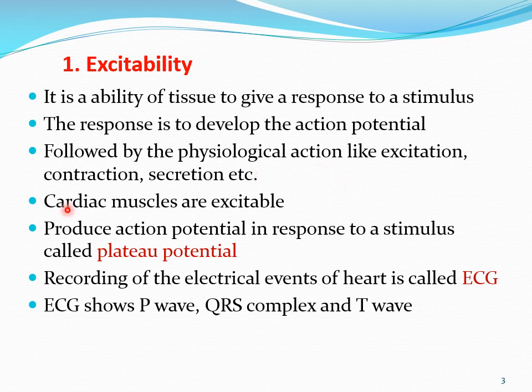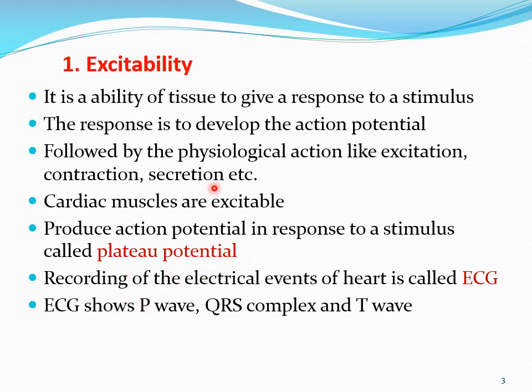So our cardiac muscles are excitable and produce the action potential in response, and that action potential in heart muscle is called the plateau potential. The plateau potential is then followed by the contraction of the heart.